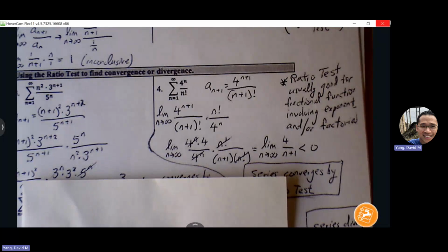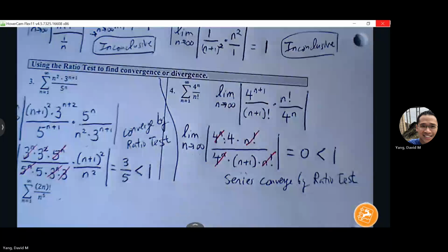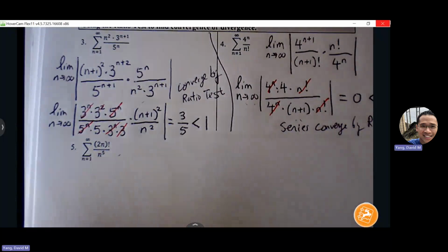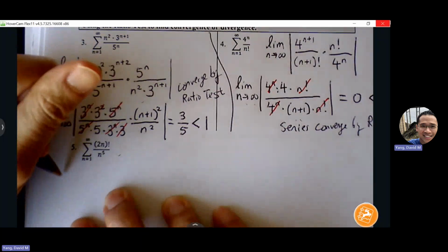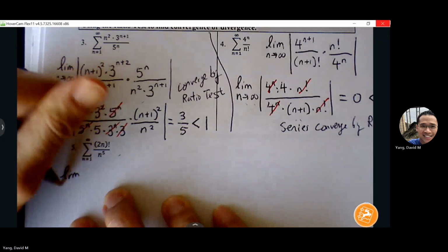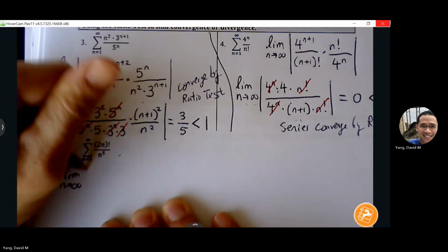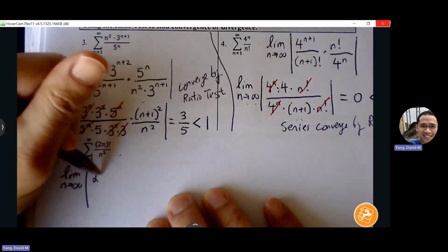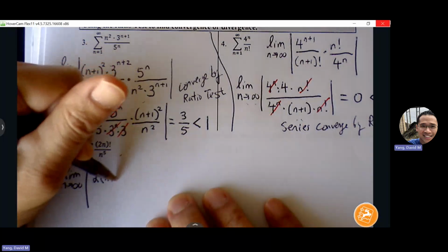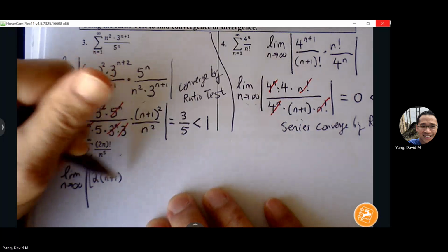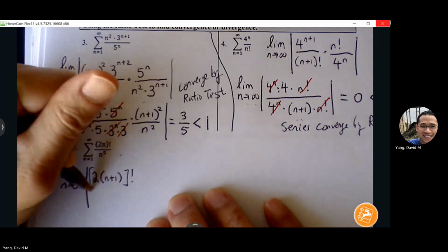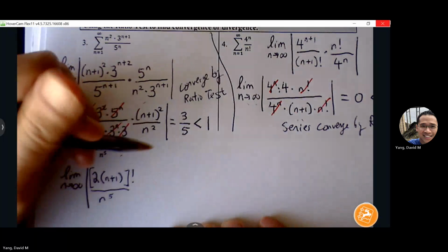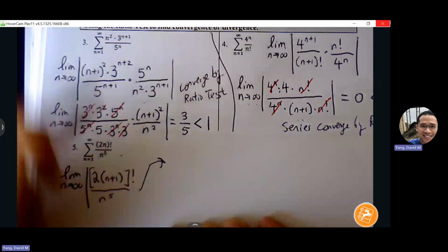Okay, let's look at number 5. All right, replace every n with n plus 1. Now, careful here. When I replace n plus 1, I need that 2 in front of it. I want to rewrite this.